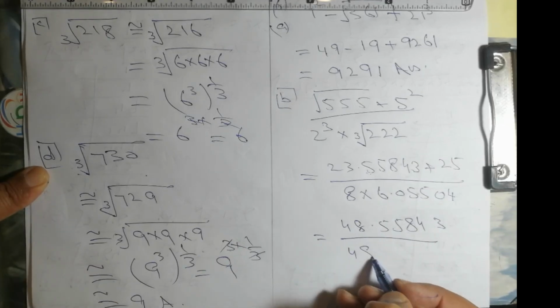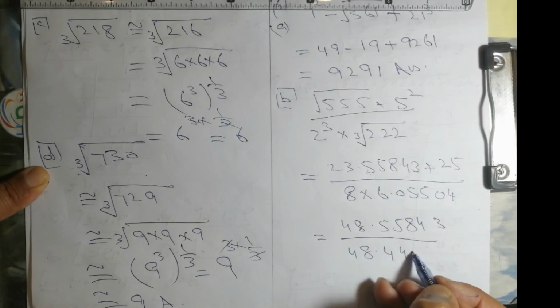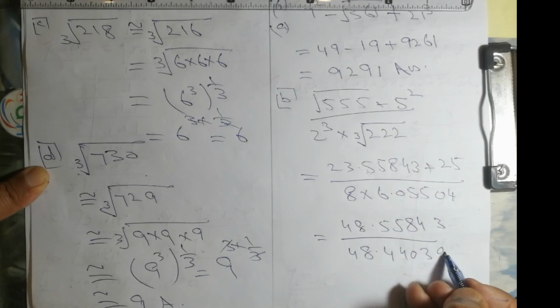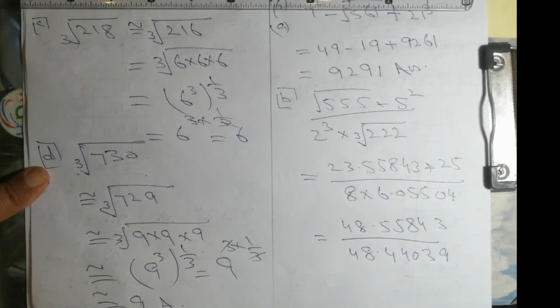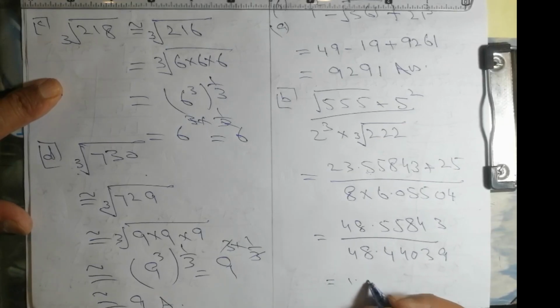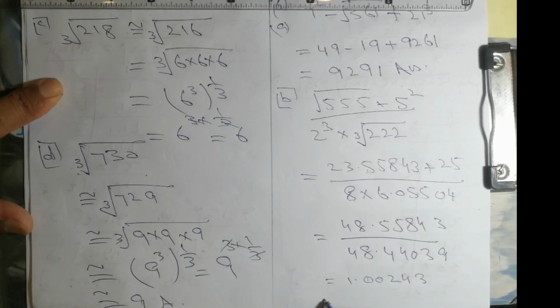This will be 48.44039, and now divide this number by this number, 48.55843 divided by 48.44039, that is equal to 1.00243, and up to 4 decimal places 1.0024.